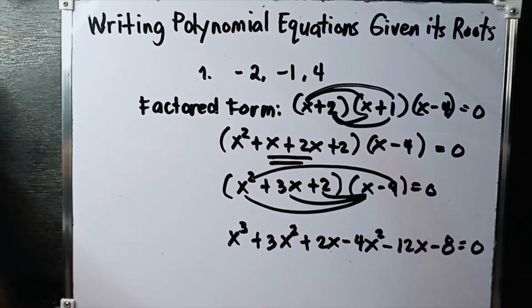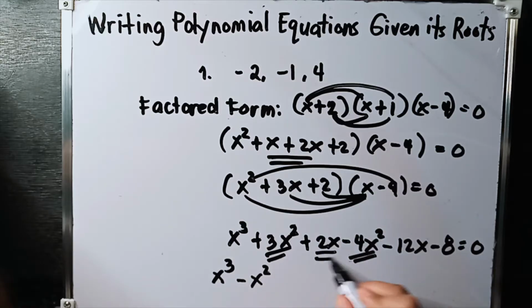Then we are going to combine similar terms. So, we just bring down x cubed. 3x squared can be combined with negative 4x squared, so you're going to add them. The answer is negative x squared, since they have different signs and negative 4 has the greater absolute value.